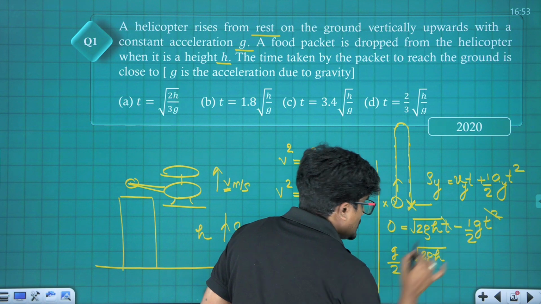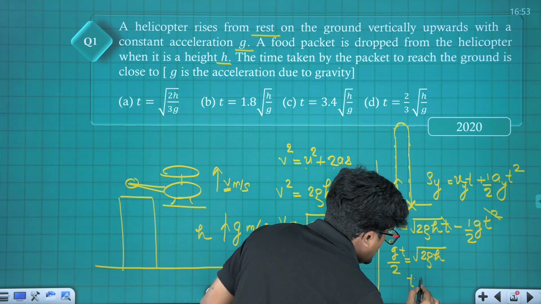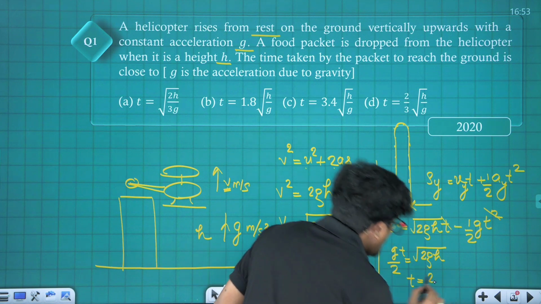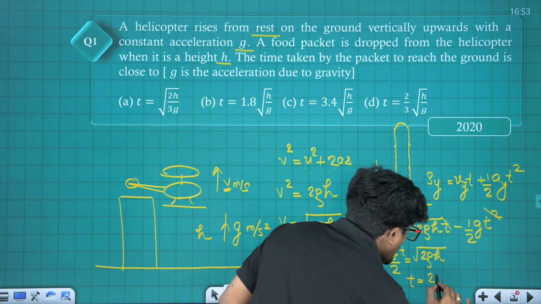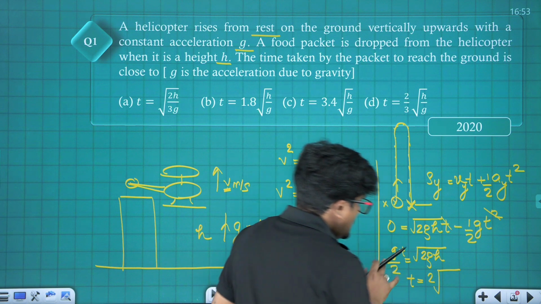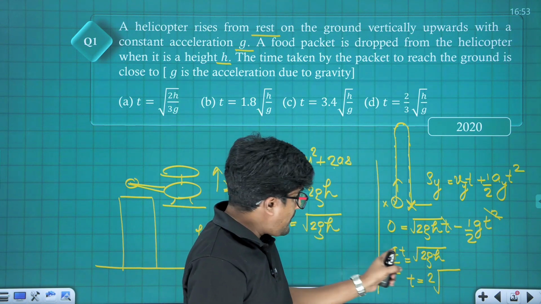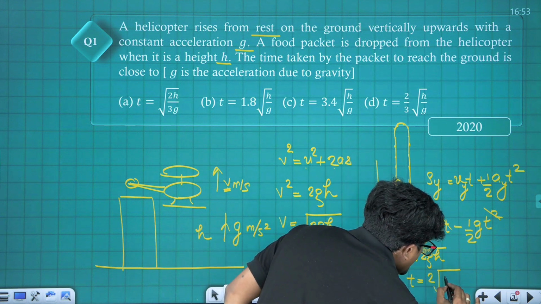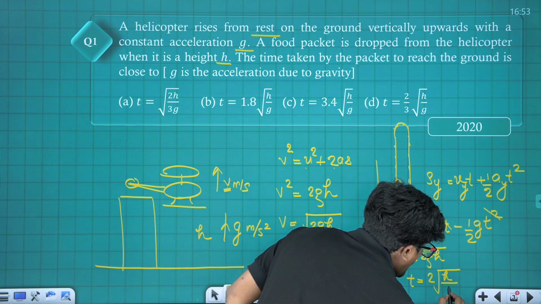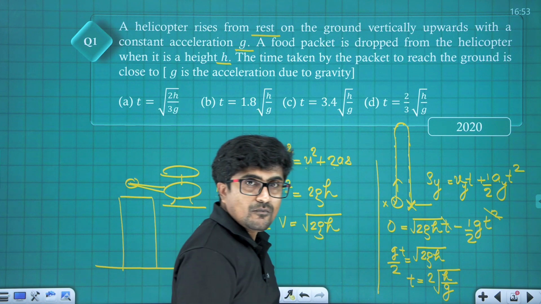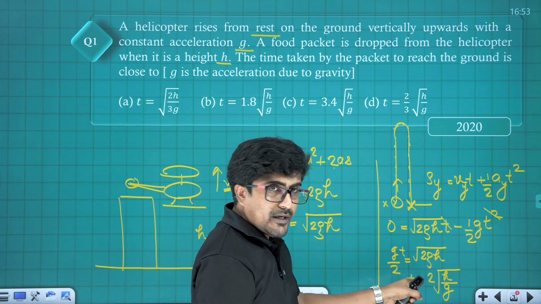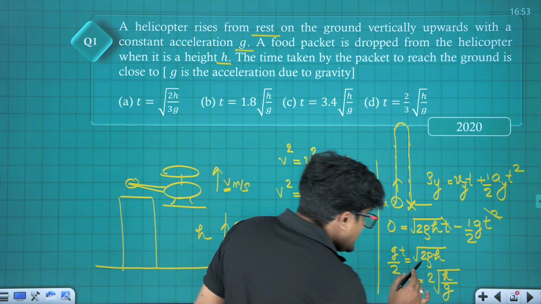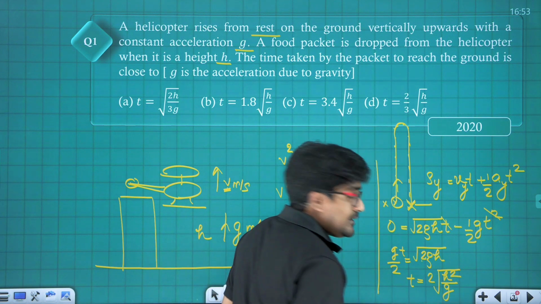Okay, fine. I am missing t here. So here small letter t is going to be 2 into root of 2 into h upon g, because on the denominator I am going to have root of g, and this 2 will be appearing here.